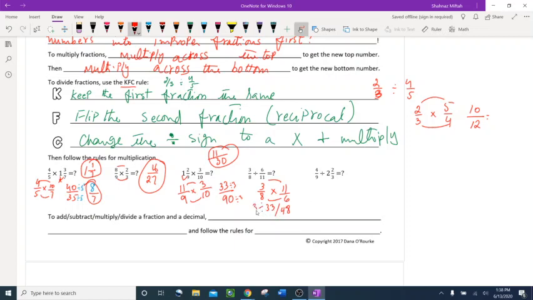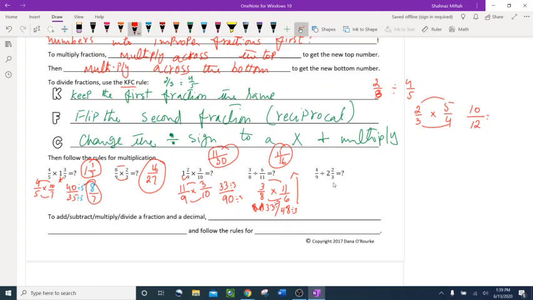You can divide this by 3 and this by 3. So 33 divided by 3 is going to give me 11, and 48 divided by 3 is going to give me 16, and done.